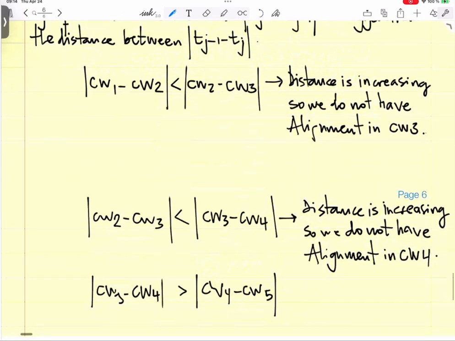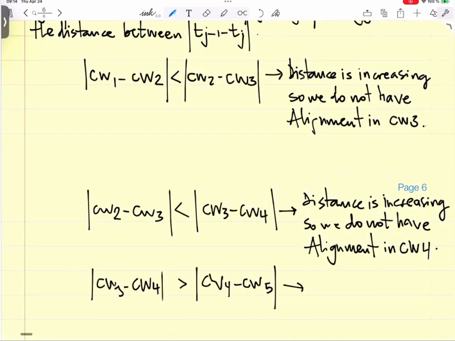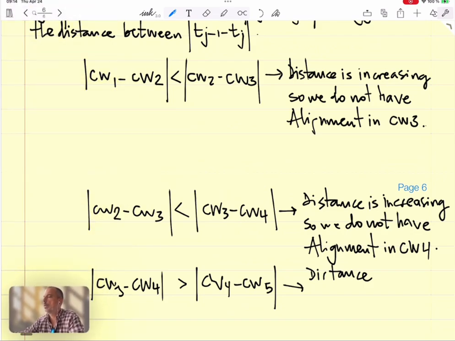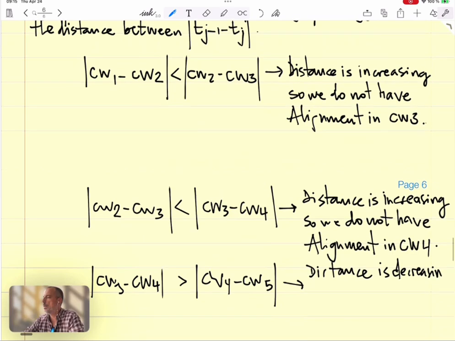So distance is decreasing. So we do have alignment in calendar week 5.